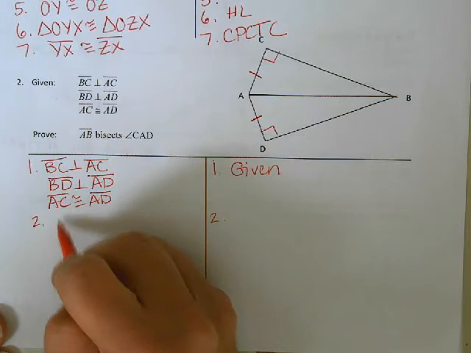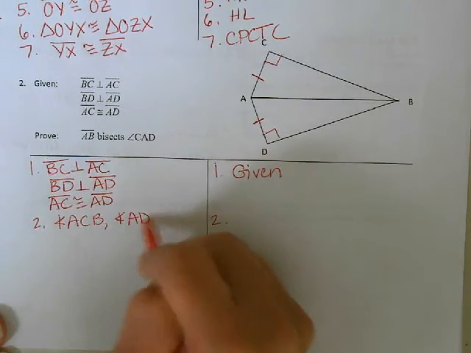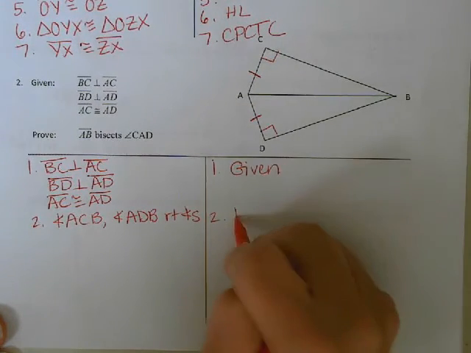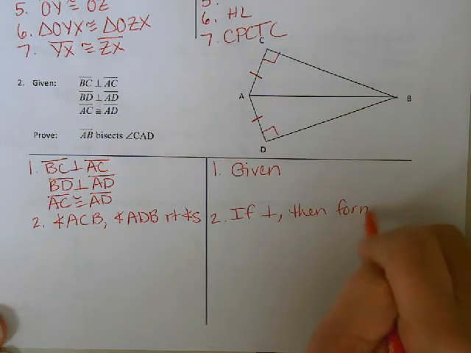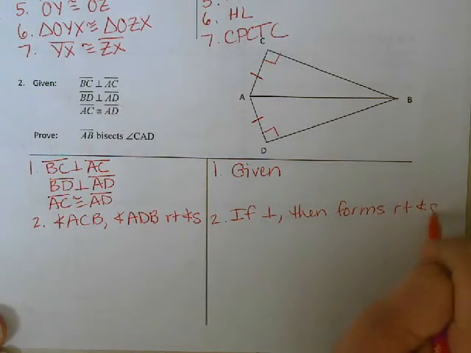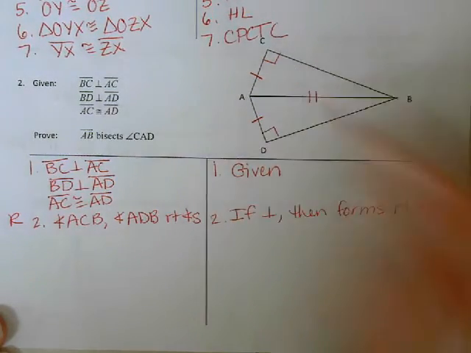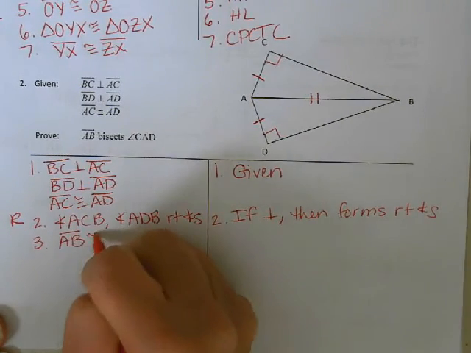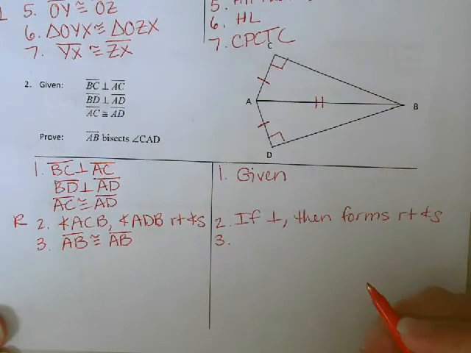So going ahead and finishing up this proof, we would say that angle ACB and angle ADB are right angles, because if perpendicular, then forms right angles. So I have some right angles. Now, my hypotenuse is congruent to itself in each of the triangles because it's the same segment.